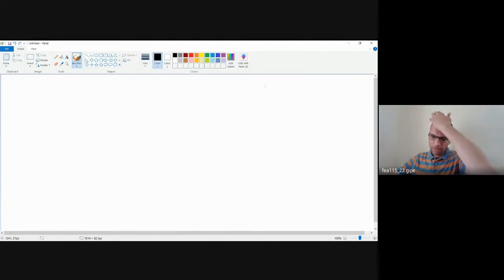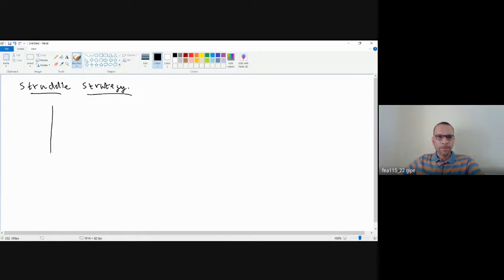So we do one strategy which we call a straddle. So something which was there on the examination. A straddle strategy basically involves one single strike price.